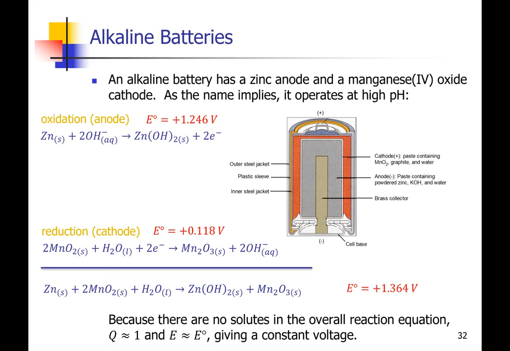When we add up those two half reactions, we can see that the electrons will cancel, and we have a stoichiometric coefficient of 2. And the hydroxide ions cancel, so they need to be there for both of the half reactions to work, but they don't appear in the overall reaction equation.